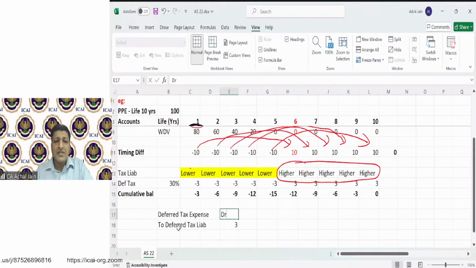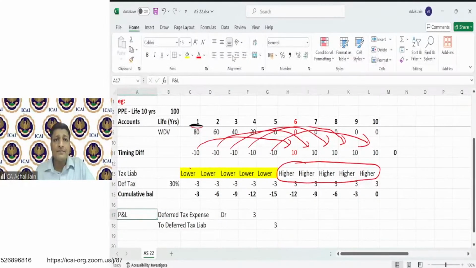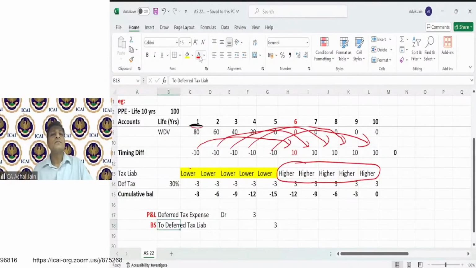So the company will say deferred tax expense debit 3 to deferred tax liability 3, wherein this deferred tax expense will go to P&L, and this deferred tax liability will go to balance sheet. Understood? So this is how the accounting entry will be passed.